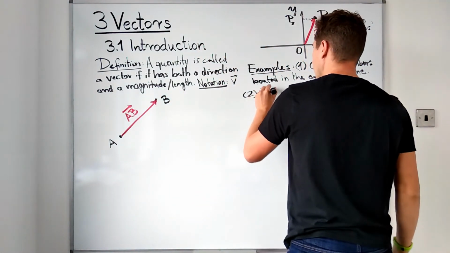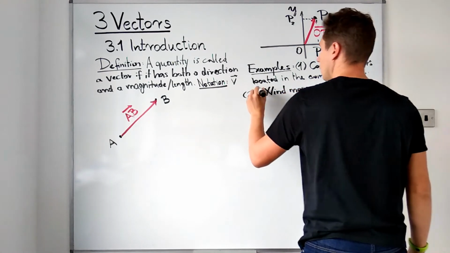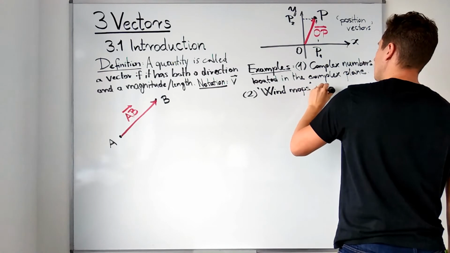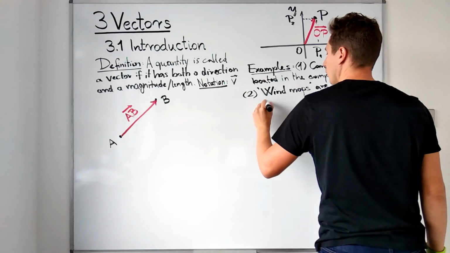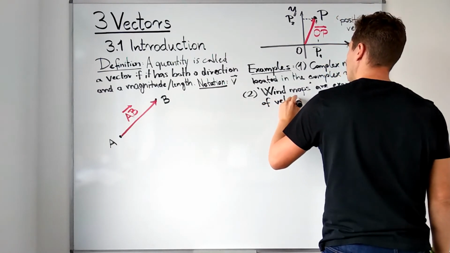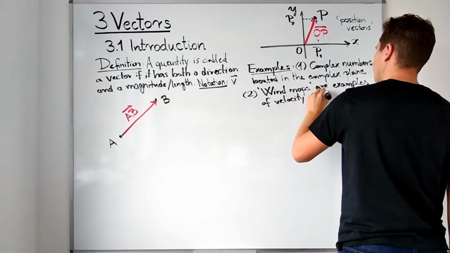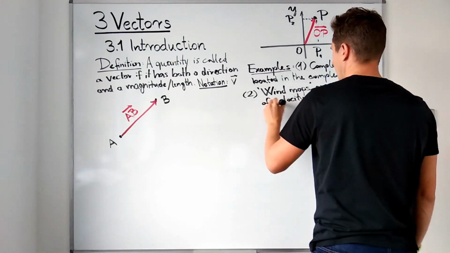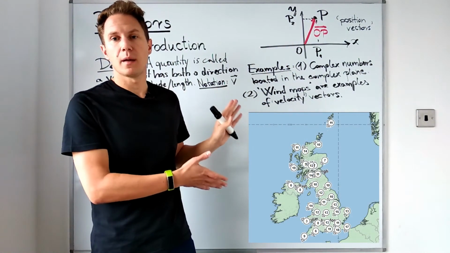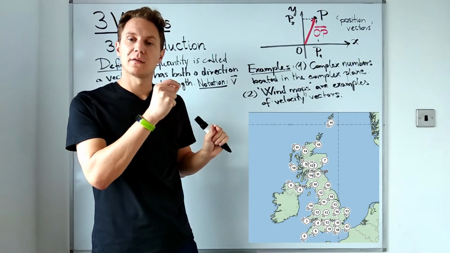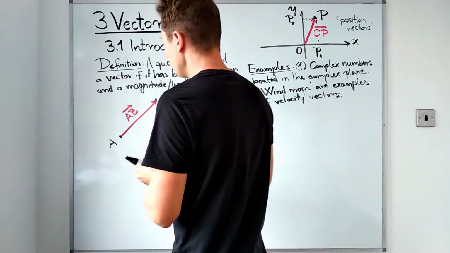So wind maps are examples of velocity vectors. What happens here is we have a map, and on that map each point has a vector assigned to it.